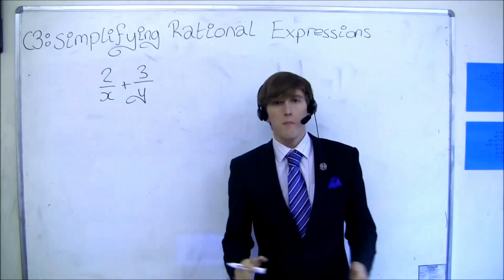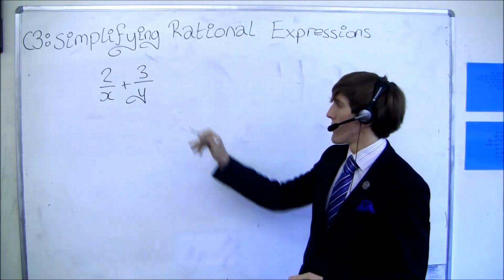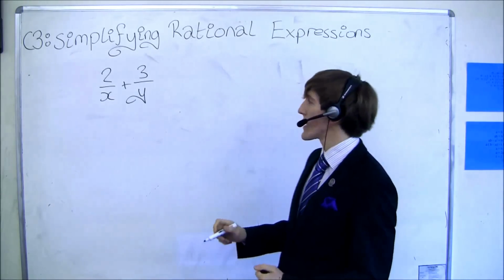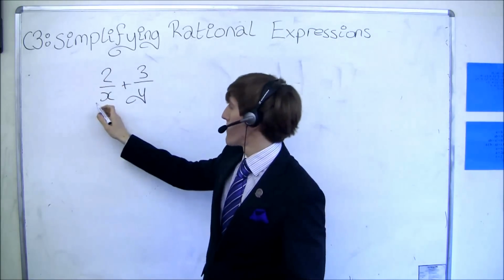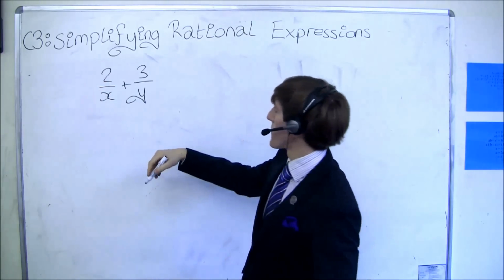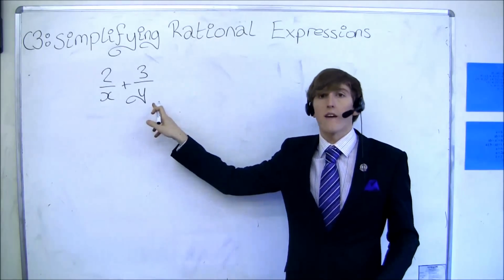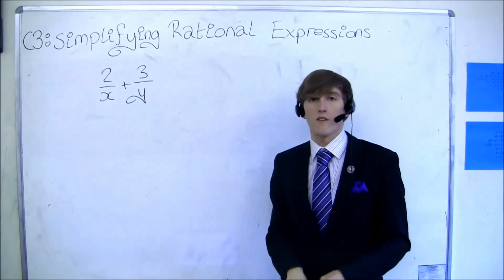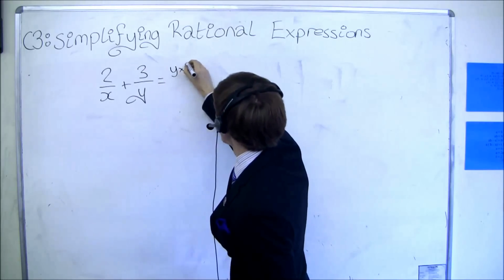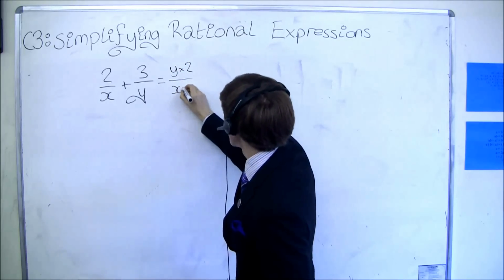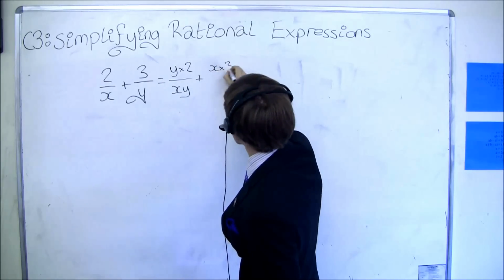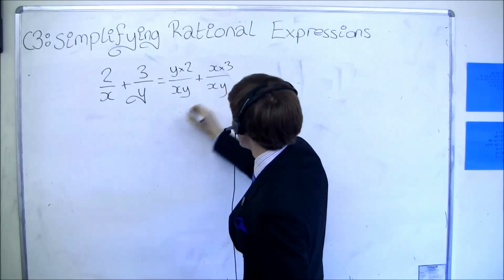So just looking at them, I want both of their denominators to be equal to xy, so we can see that we need to multiply the denominator of the first one by y, which means we must also do the same to the numerator, and we must multiply the denominator of the second one by x, which we must also do to its numerator. So this is equal to y times 2 upon xy plus x times 3 upon xy.